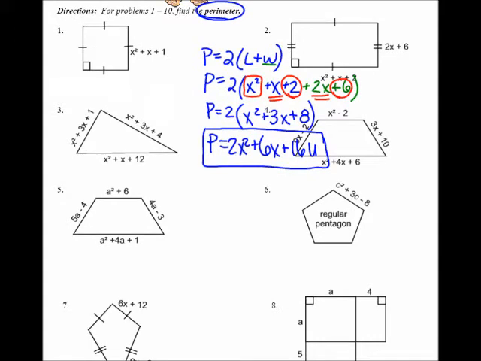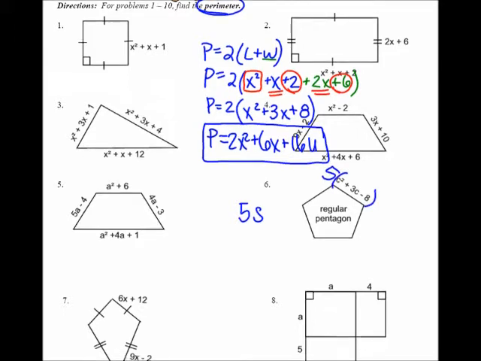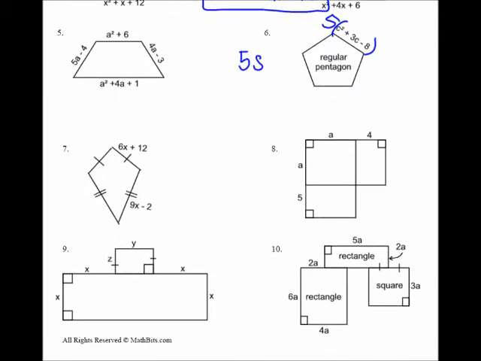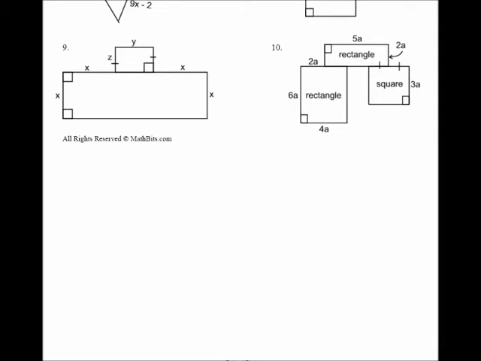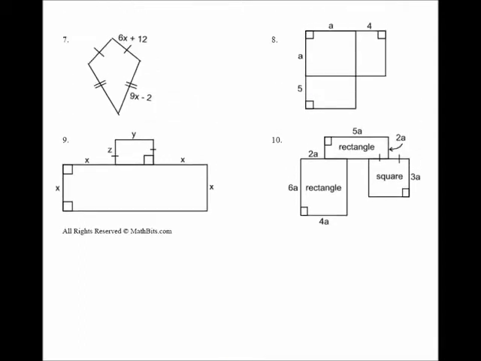In a question like 6, I would use 5 times s, and then I would just multiply 5 times that expression. Okay? And there may be some harder ones for you to think about, like number 10. But this is kind of like some of the questions we've done previously, where you just have to figure out that missing part. So I know that this is a square, so that means that this side has to be 3a like this side, which means that each of these sections are 1.5a.